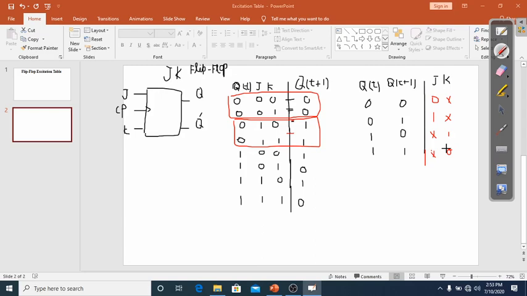So this is the characteristics table, excitation table for JK flip-flop.